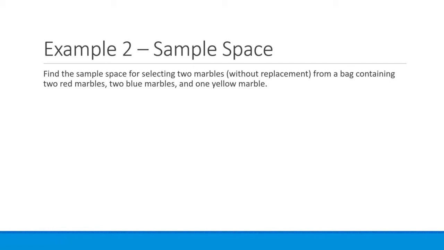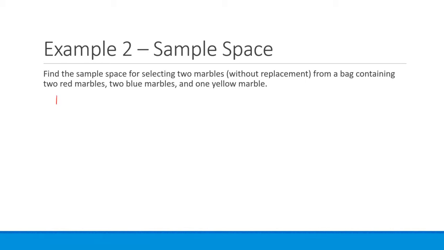So this is a different method than example 1, where you had to do some addition. Here, we're just looking at what our possibilities are. If we have 2 red, 2 blue, 1 yellow, that gives us 5 marbles, and we're doing it without replacement, so you pick a marble and then have 4 choices remaining. This one's easy enough to write down by hand.